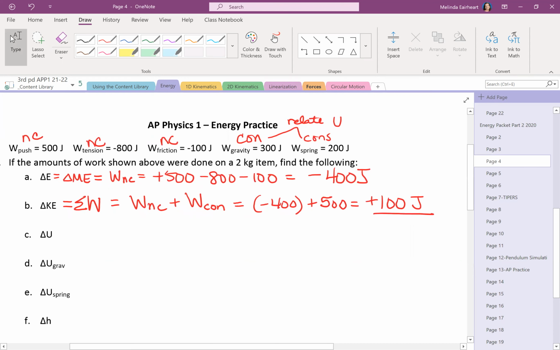And then C, D, and E all talk about changes in U. And so if we kind of lump them together, changes in potential energy equal what kind of work?